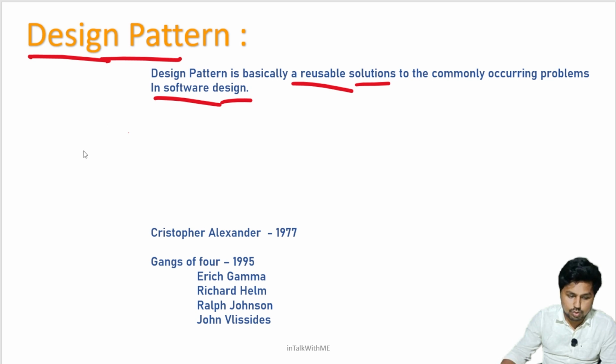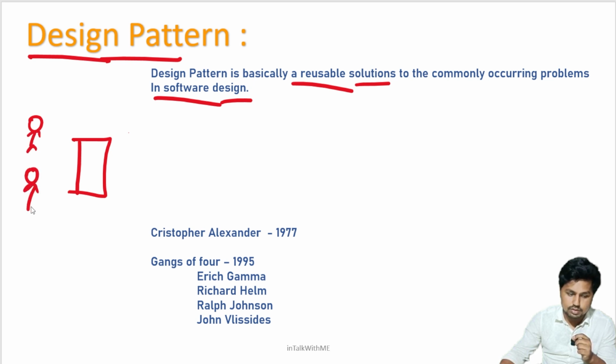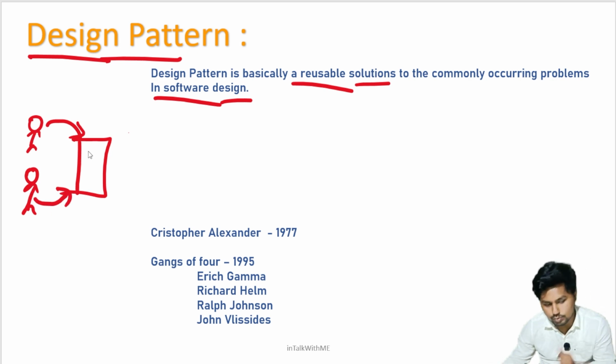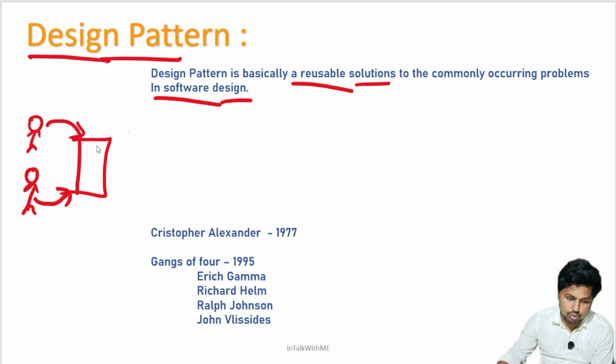Okay. So let's say you are designing any software. For example, let's say you are creating a website and there are two developers. If you ask this developer to develop the software, he will have his own way of developing it, and this person will have his own way. So obviously there is no standard procedure.